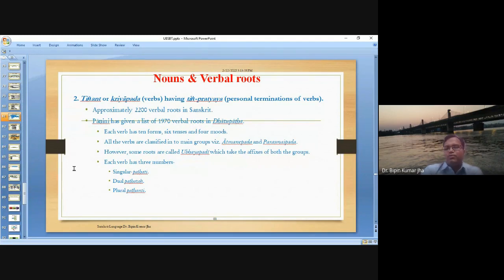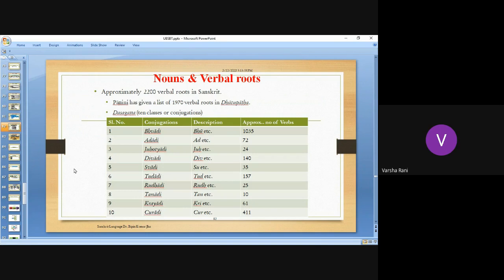And when you are forming the different verbal forms, then you are using different tenses.